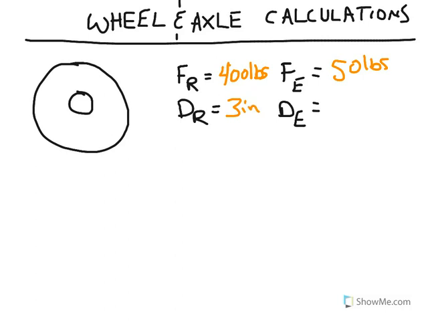So putting this into our picture, the diameter, symbol for diameter is like so, of the resistance here is 3 inches. The diameter of the effort, we don't know what that is. So that's our picture, and we have labeled our forces. We could put those into the picture as well. I guess I will.